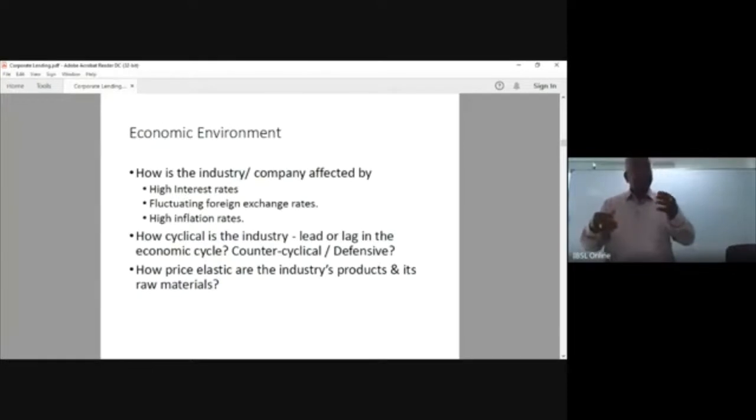Now, interest rate. If the interest rate is high, what will happen? Obviously, the cost of production will also be high. Now, if in Sri Lanka the interest rate is high compared to some other country, say Vietnam, and in Vietnam the interest rate is low, what will happen?